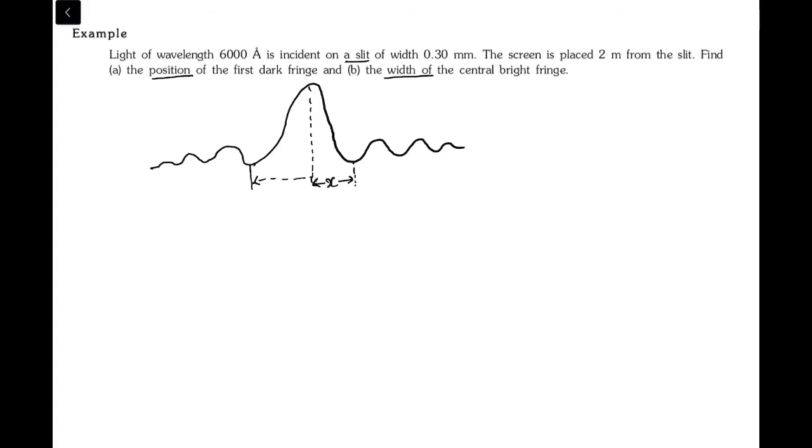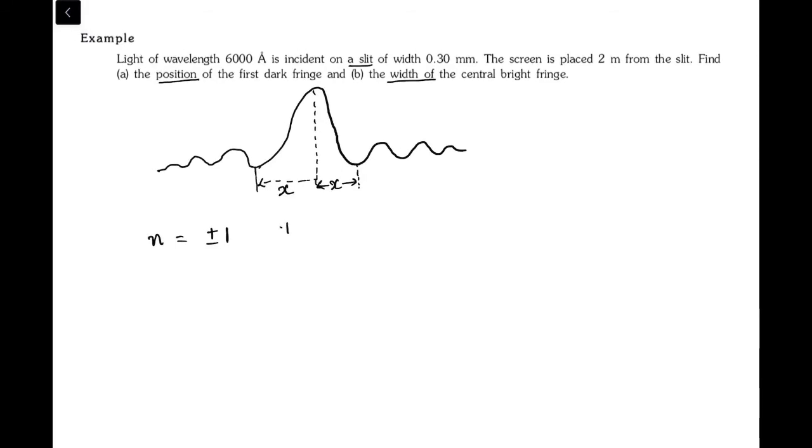Okay, so that's what we are going to find out. Initially we find x, the position of the first dark fringe, and then we calculate the width of the bright fringe, which will be double this value, 2x. Since it is the first dark fringe, we can substitute n equal to plus or minus 1.